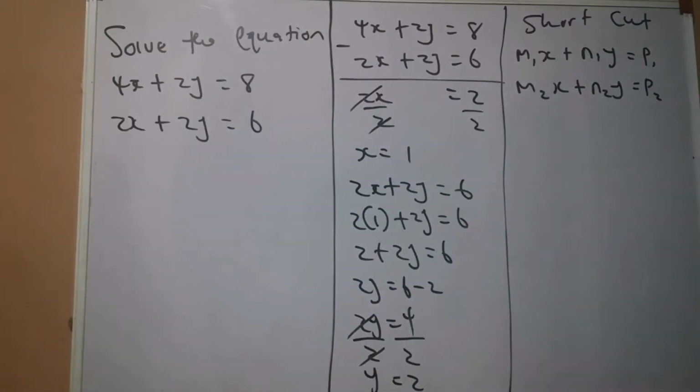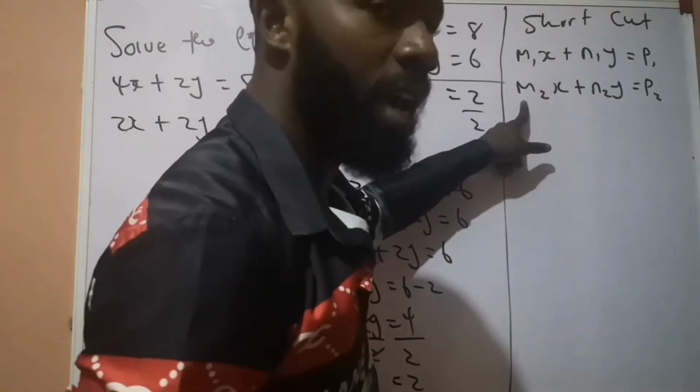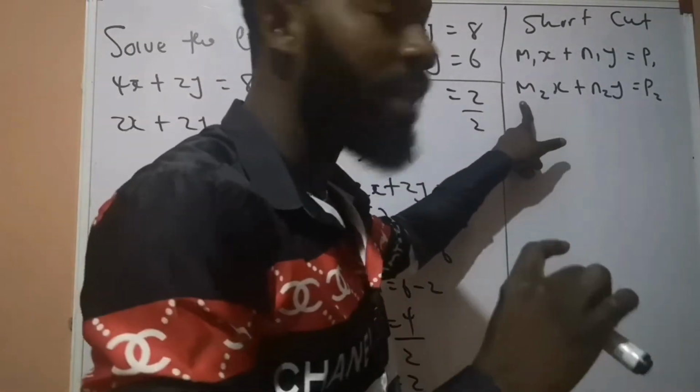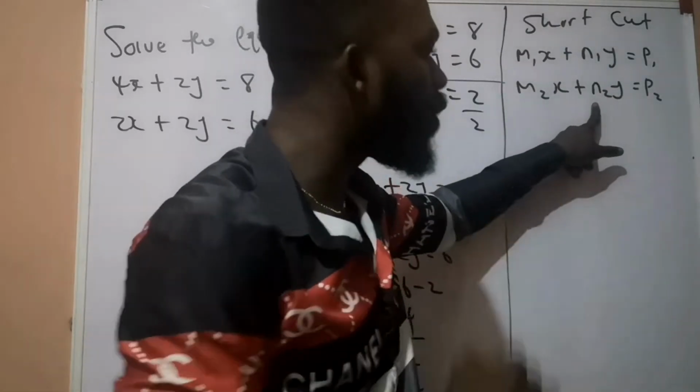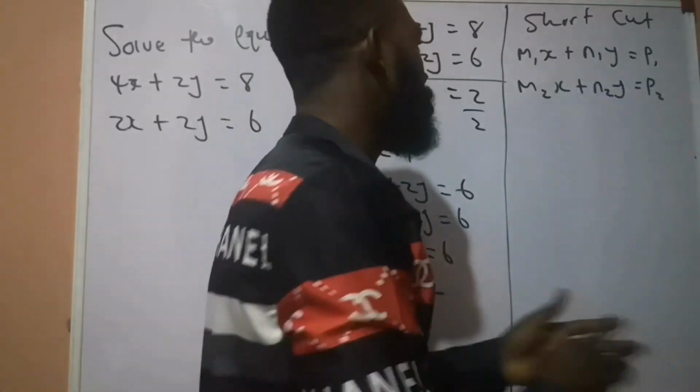In this case, m1 and m2 refer to the coefficients of x, and n1 and n2 refer to the coefficients of y. Then p1 and p2 are constants.